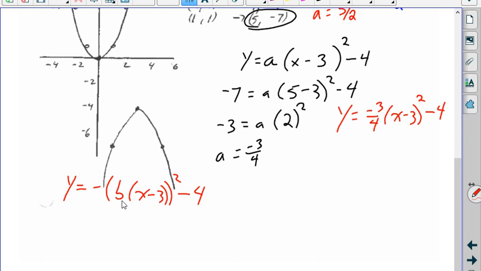So that's where that negative comes from. But I can get a b value out of this that's different than that. So here we had the 2 moves and we knew the reflection. We don't know how much the horizontal stretch has been.